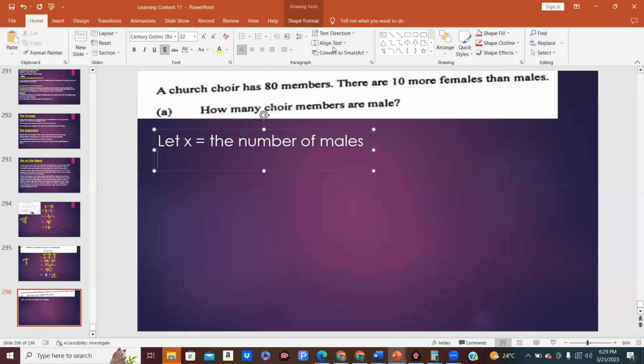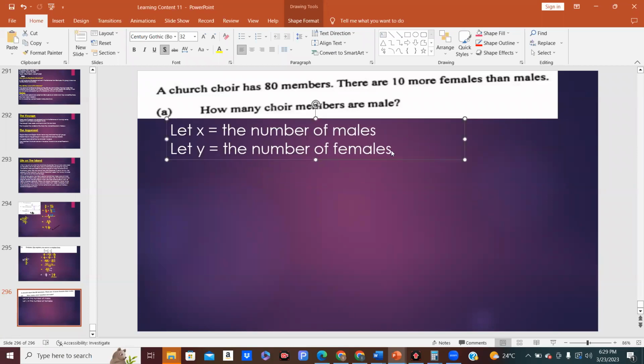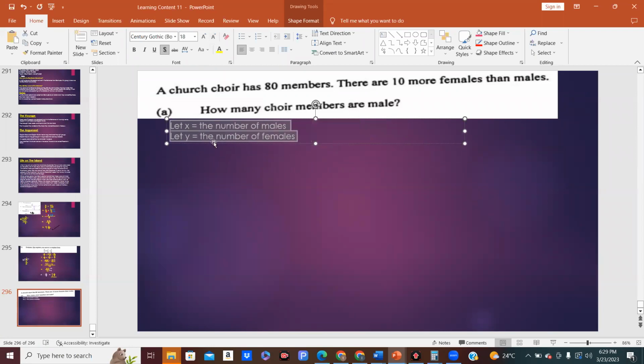And then we can let y be equal to the number of females. So we call them X and we call them Y.